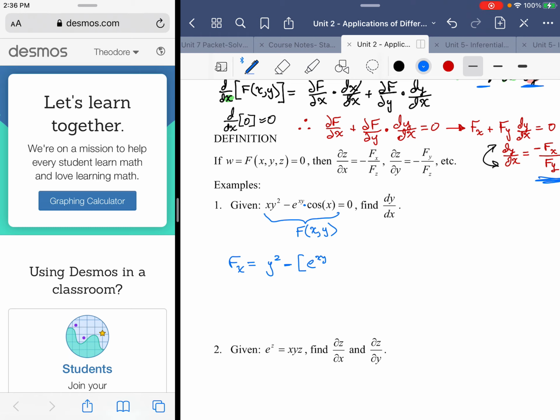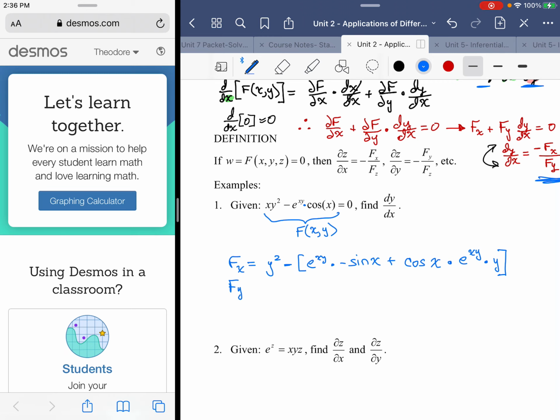So the first function times the derivative of the second, plus the derivative of e to the xy, which is going to be e to the xy multiplied by y times the derivative of the first. I kind of did it out of order, I apologize. But it's the first times the derivative of the second plus the second, cosine of x, times the derivative of the first. All right.